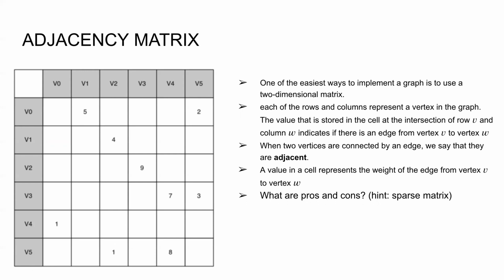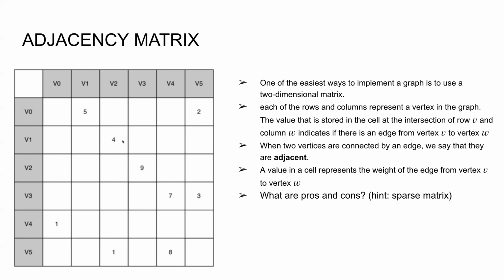So what are the pros and cons of using an adjacency matrix representation? Well, if there are a lot of connections, then it is very convenient because you can immediately tell whether any two nodes are connected or not. And given V1, I can also quickly tell how many nodes are connected to V1 by looking at just that row, right?